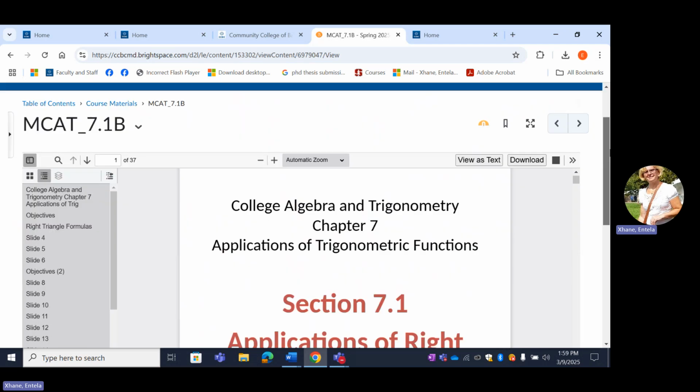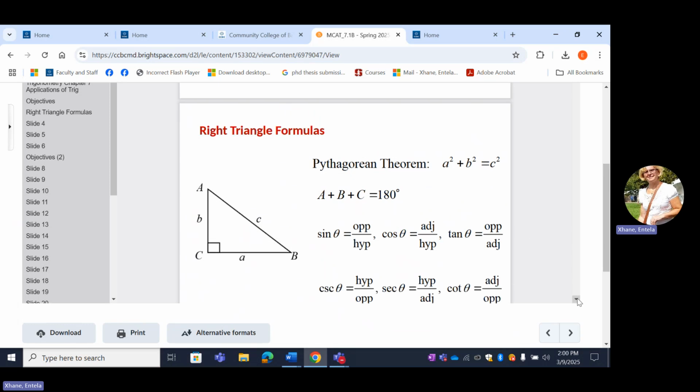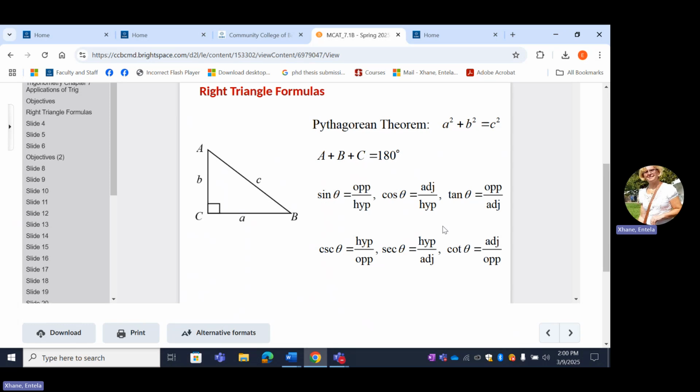What you're using as part of this section is all the information about the right triangle, the Pythagorean identity, and A plus B plus C, the sum of the measures of all angles, equals 180. If you need to find the angles, you have to rely on this. But of course, you also have to rely on the definition of trigonometric functions. So if sides are given, definitely use the trigonometric functions to find the missing angles in these cases.